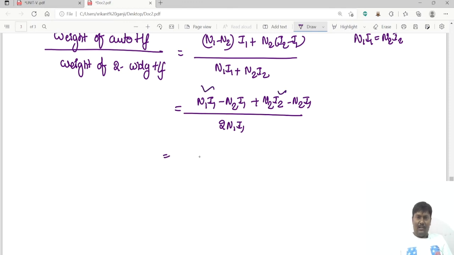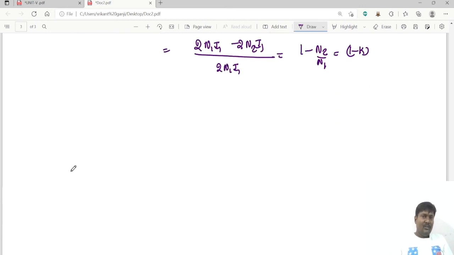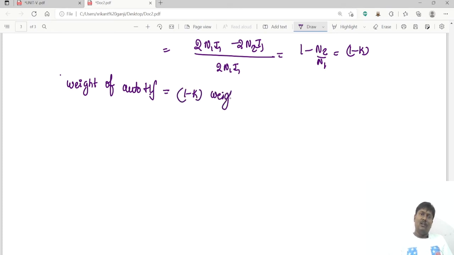These two are equal, so 2 N1 I1 minus 2 N2 I1 divided by 2 N1 I1. This will be cancelled, leaving 1 minus N2 by N1, which is equal to 1 minus K. So the weight of the auto transformer is equal to (1 minus K) times the weight of the two winding transformer.